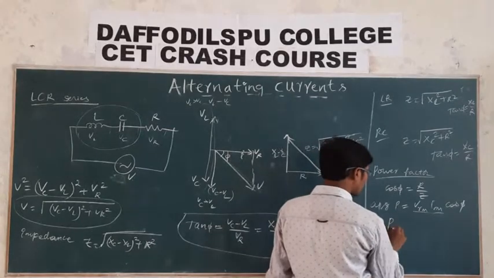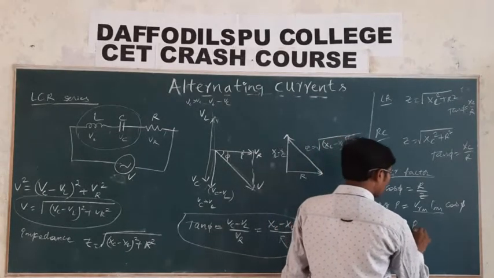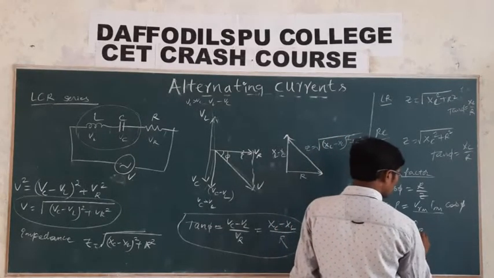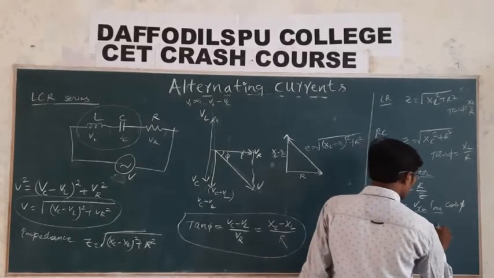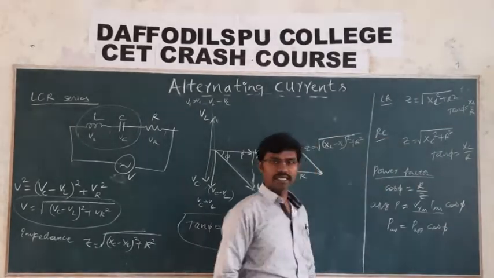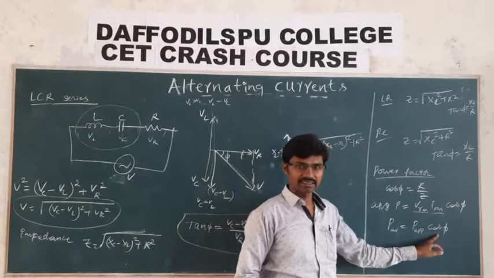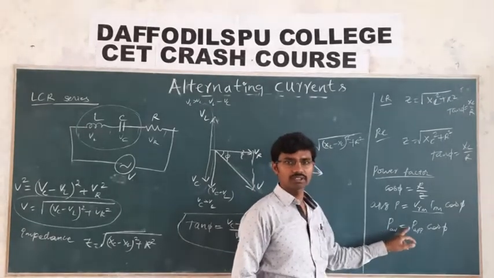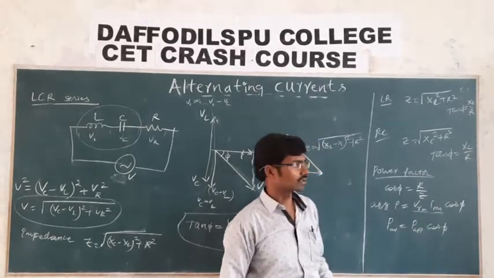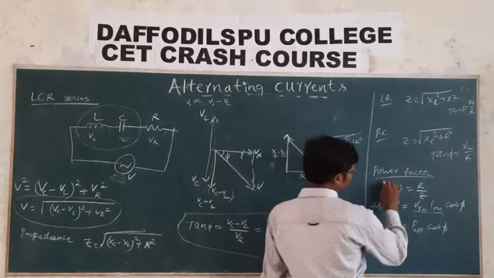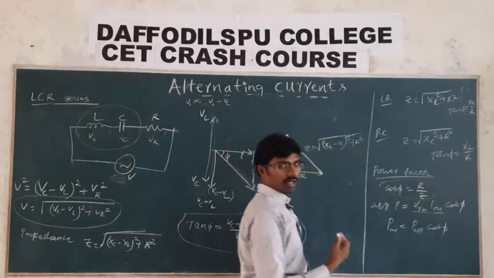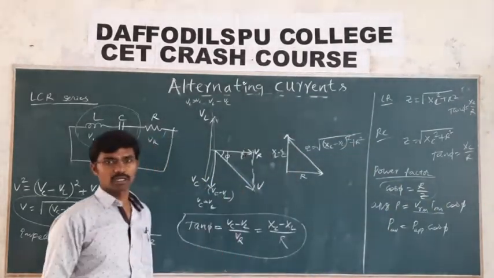So the true average power is the apparent power into cos phi, so you can write the power factor as the ratio of true power to apparent power.